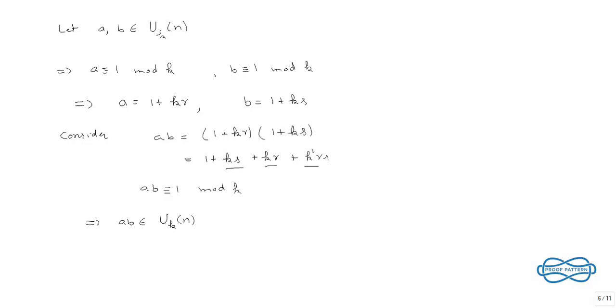This means so far we have proved two axioms of a group, that is the identity element and the closure for this set U_k(n), and we know that the associative law holds in all the subsets of a larger set if it holds in the larger set.